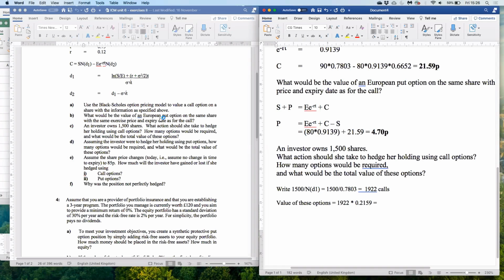Therefore, the value of this option would be 414.96.